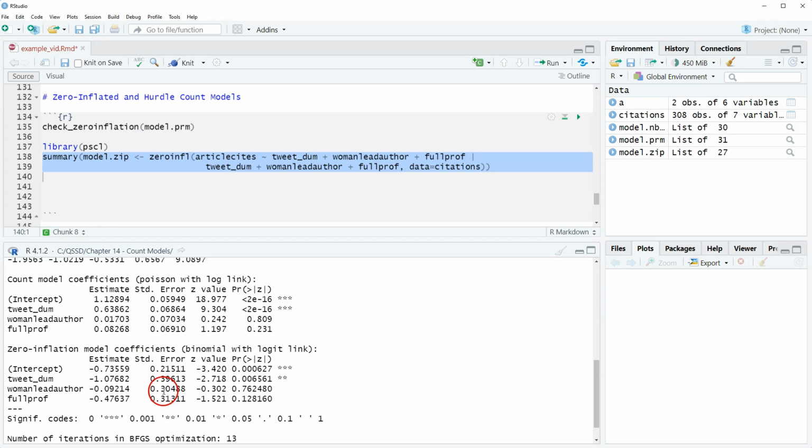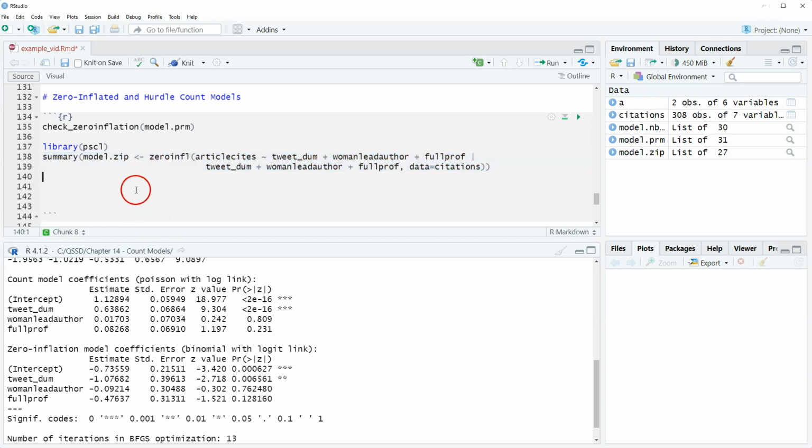We see that tweetdom is the only significant predictor. So if an article has been tweeted, then it's significantly less likely to always be 0. Up here, tweetdom is also the only statistically significant predictor, but this is in reference to the count, the number of article citations. So that's pretty straightforward.